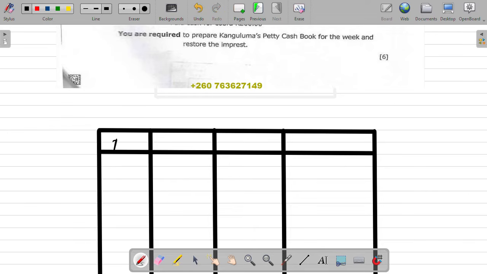Here we're going to write our debit, here our details, then voucher, and lastly amount.